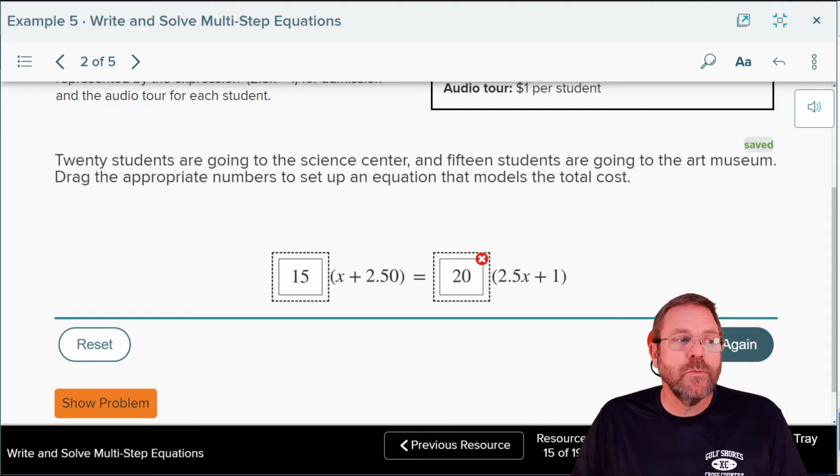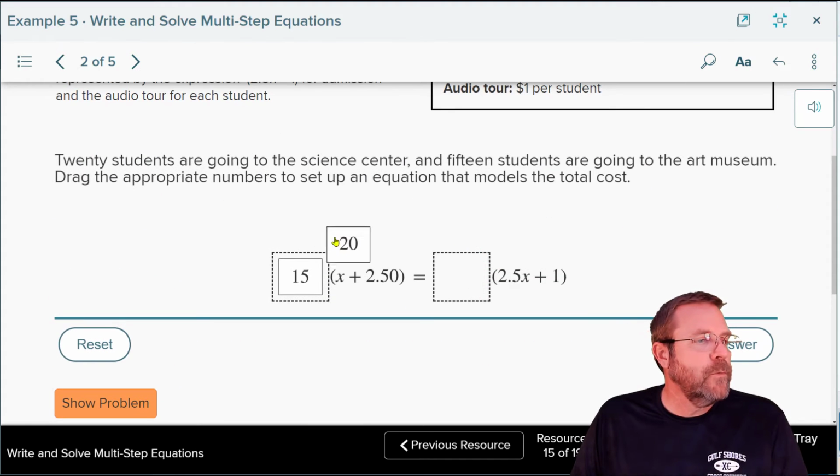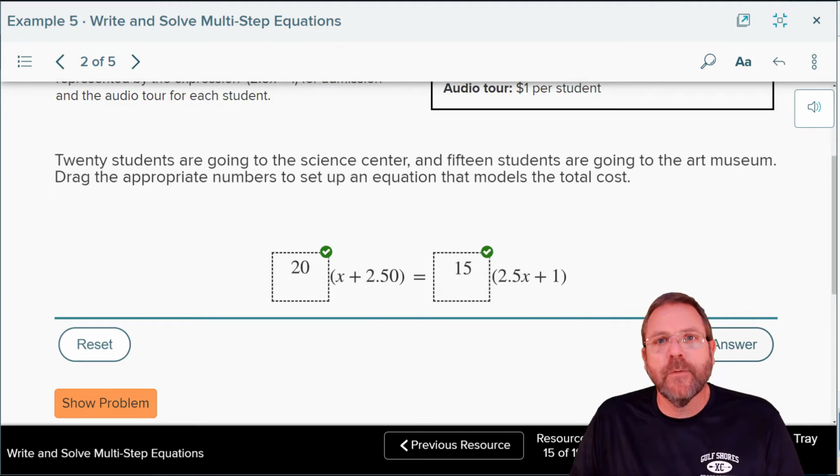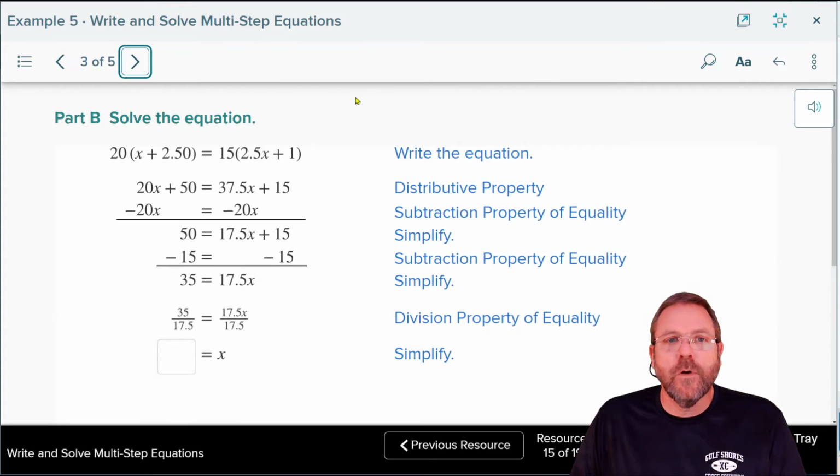That's the equation we're going to be working here. Hold on. Actually, I have those backwards. There's 15 students going to the art and 20 students going to the science, and now my equation is correct. From there, we're going to work on isolating our variable just like we've done.